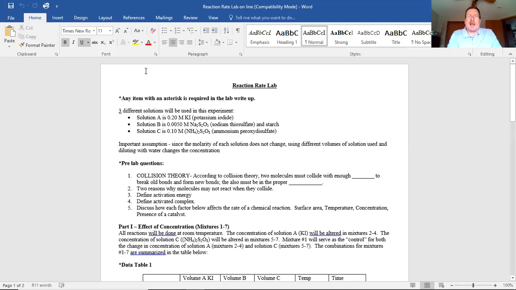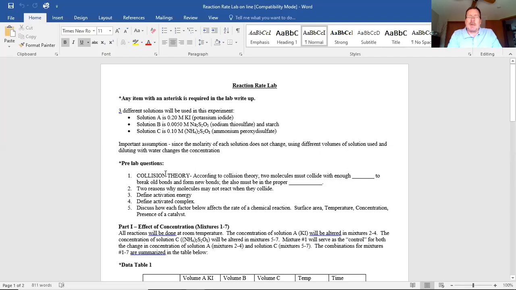One, what do you need in your write-up? Well, as it says in all our documents, anything with an asterisk. So you're going to title it. Then you're going to answer these pre-lab questions, which are really defining questions. It may be something you want to do today, as preparation, using the notes to get ready for the quiz tomorrow.